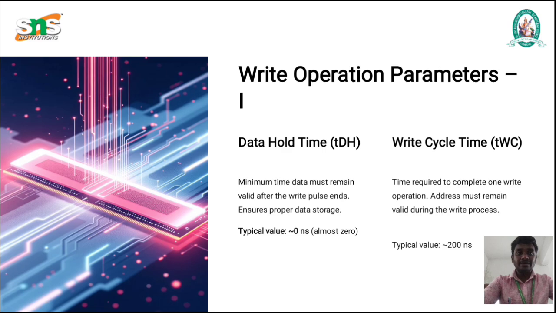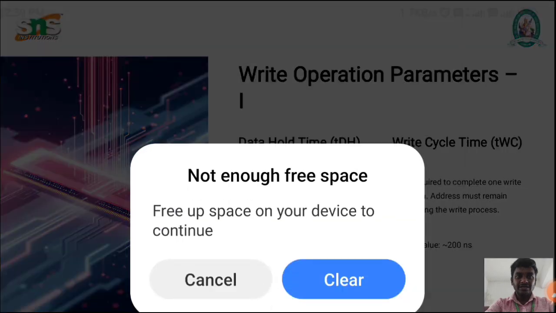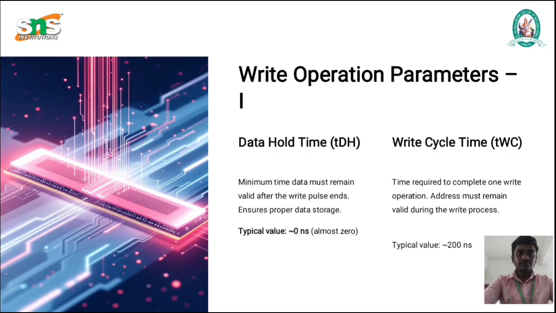Next, write operation parameters 1 and write operation parameters 2, two sections. In the first section we see data hold time, simply TDH. All are representing time only. TDH means the minimum time data must remain valid after the write pulse ends, ensuring proper data storage.